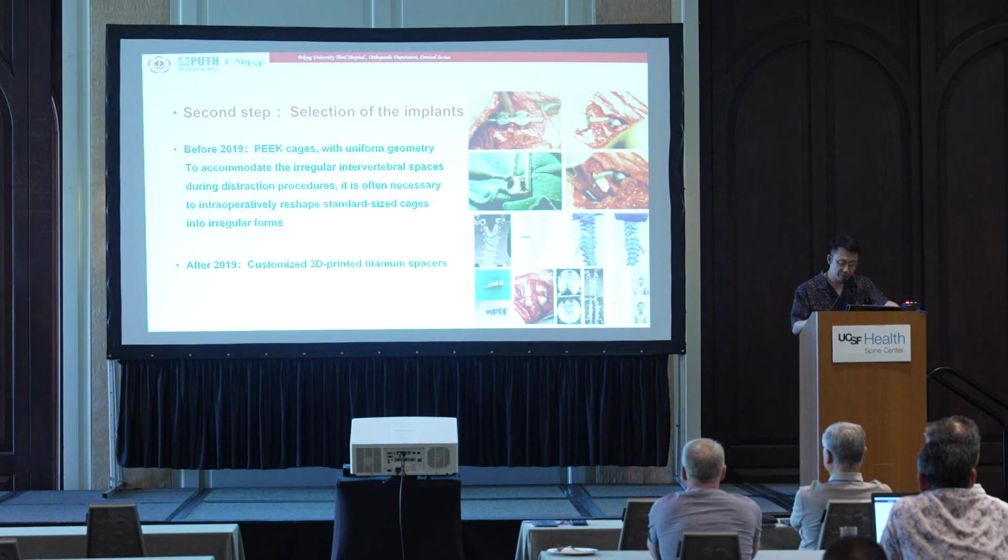So the second step involves selecting appropriate spacers and fixation. As mentioned by Professor Sun yesterday, before 2019, PEEK cages with their uniform size were often inappropriate to match these irregular spaces.